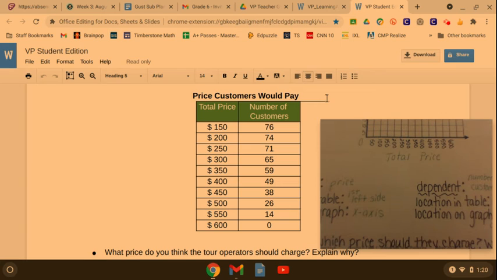And then we're going to have to figure out how to number the y-axis. Our table tells us we're going from 0 to 76 for number of customers. This is very important that you know that you cannot just take the numbers in the y-axis and say, I'm going to number it 0, 14, 26, 38, because there is no pattern that we have that skip counts like that.